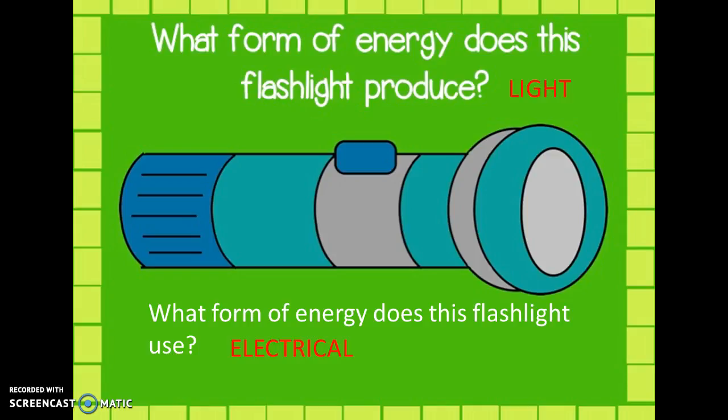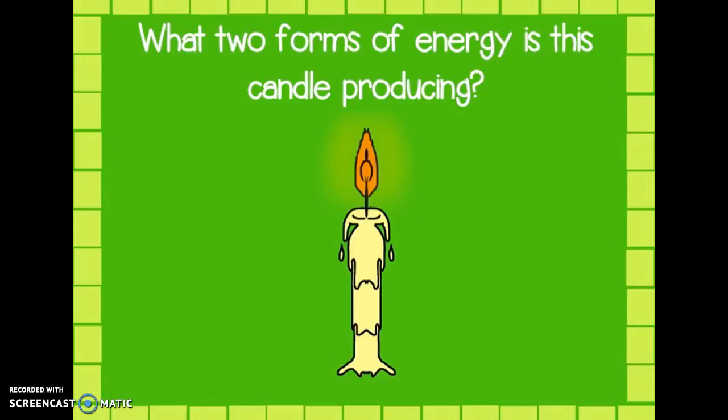Could we be really specific and say that the flashlight also produces sound energy because I can hear it click when I turn it on? Sure. Could I say that I also have to use mechanical energy because I have to push the button? Sure. But in most cases, we don't need to be that picky. But as a case in point, those two things are correct.